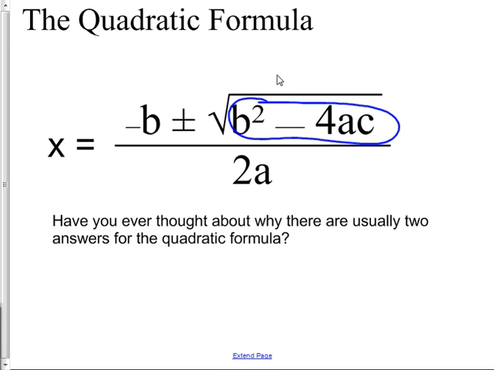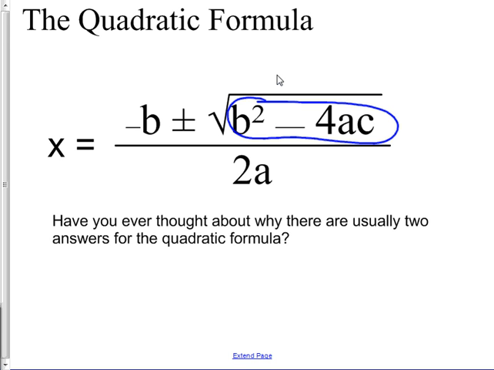Because if that part ever turns out to be what? Negative. If that part turns out to be negative, do you get that you're done? You don't have to do the rest of the problem because why? Yeah, square root of a negative is an imaginary number, and we don't do that to get real answers. Okay? So bottom line, if this part underneath here comes out negative, you can stop the problem right there. You don't need to have written everything else out.